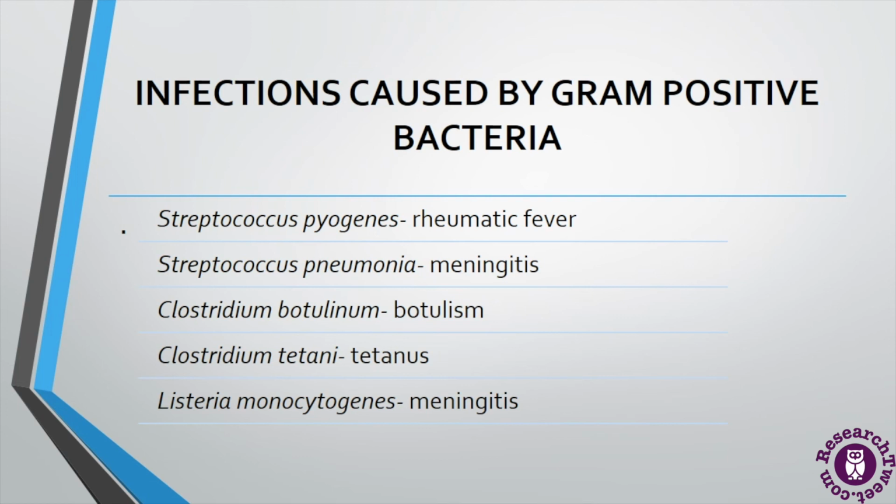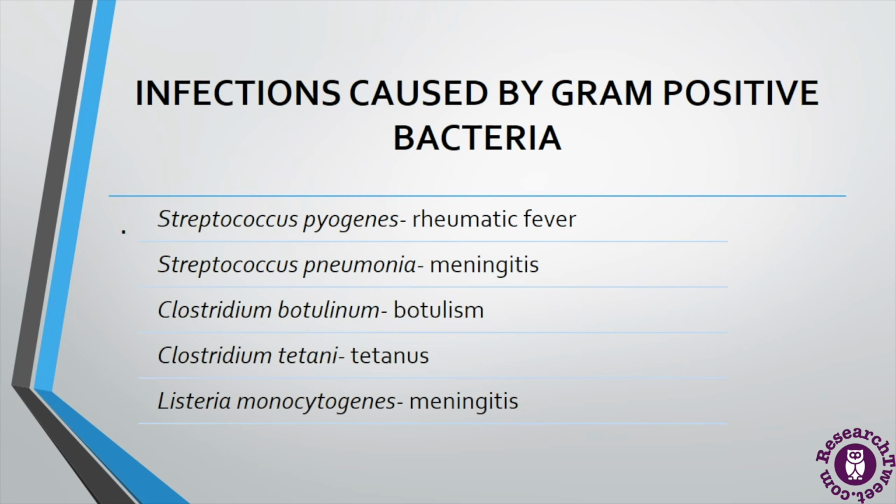The third species, Clostridium botulinum, causes botulism or poisoning, which is associated with visual disturbances, respiratory paralysis and many other serious problems.